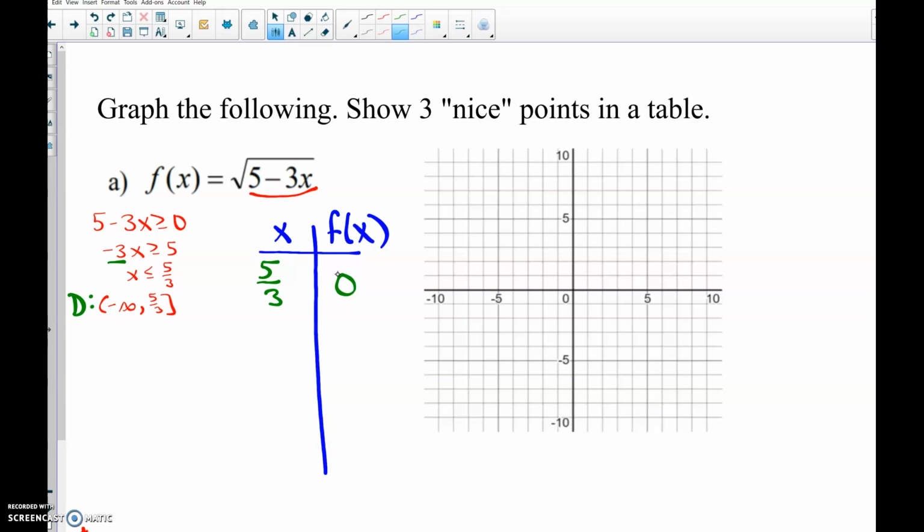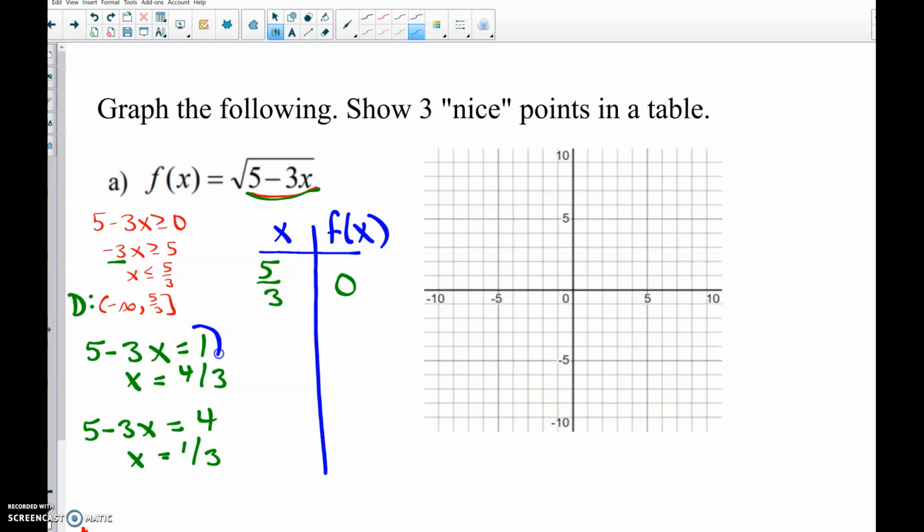The other points we would like to choose are where we want our radicand to be equal to perfect squares. So we are going to set 5 minus 3x equal to 1 and 5 minus 3x equal to 4. Instead of choosing random arbitrary numbers, we choose values of x that make the radicand equal to perfect squares.